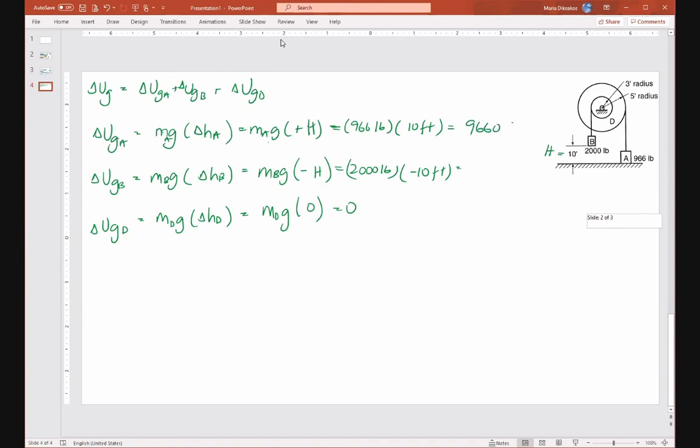Now the thing with the American pound-foot or foot-pound: when you are doing torques or moments, it would always be pound-foot, okay?